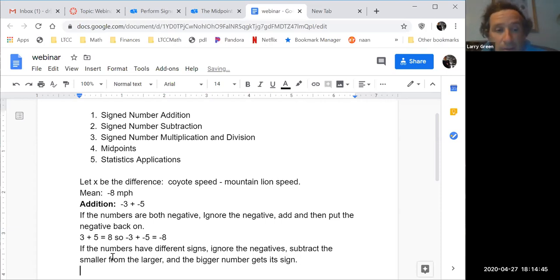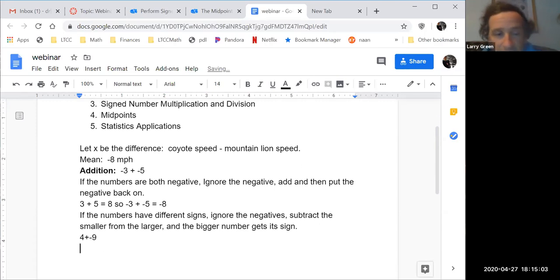So let's do an example. Let's say we want to say 4 plus -9. So now we look at this and we say, aha, I'm adding two numbers.